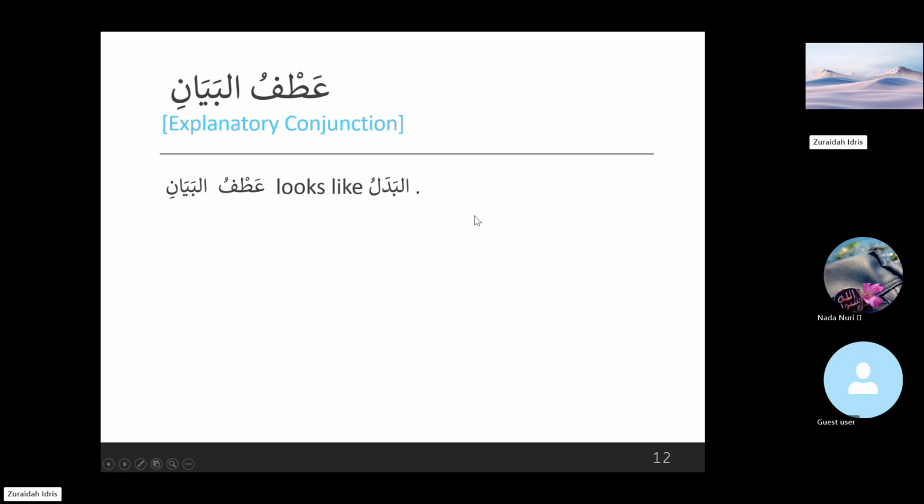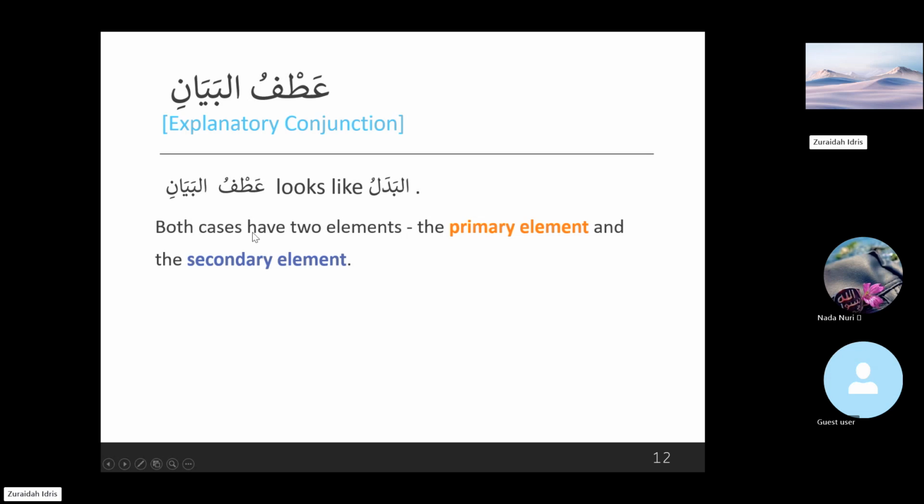Now let's go on with atf bayan. The thing is, atf bayan looks like badal. So that's where this issue comes from and why I'm covering this topic after badal, even though it is under conjunction. Both cases have two elements, the primary element and the secondary element. This goes with all tawabi.